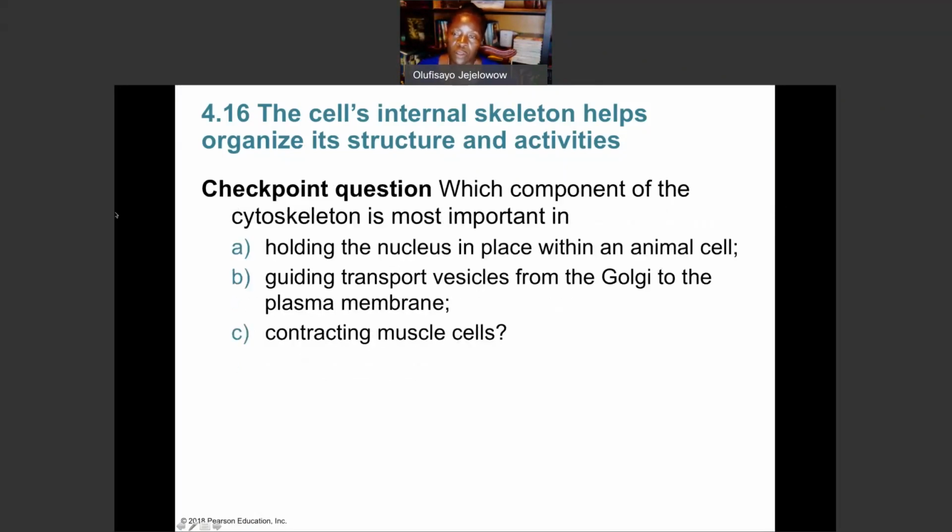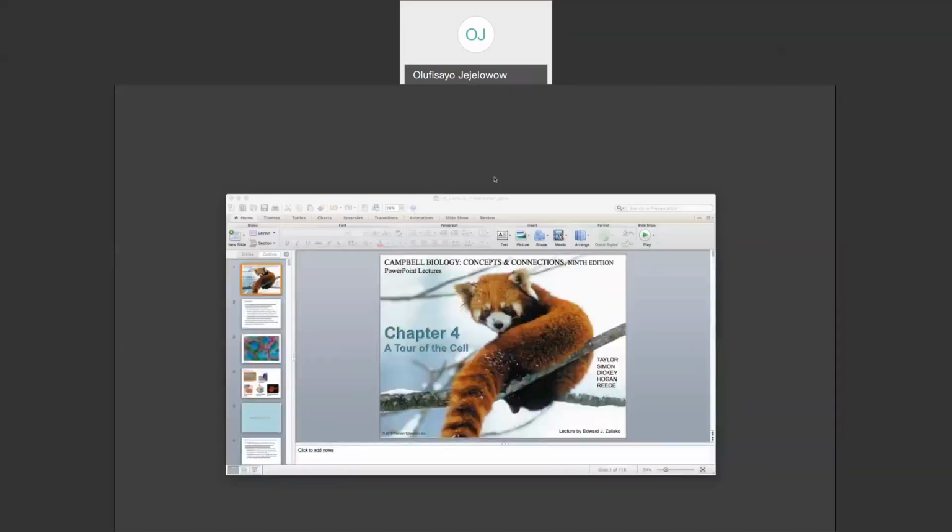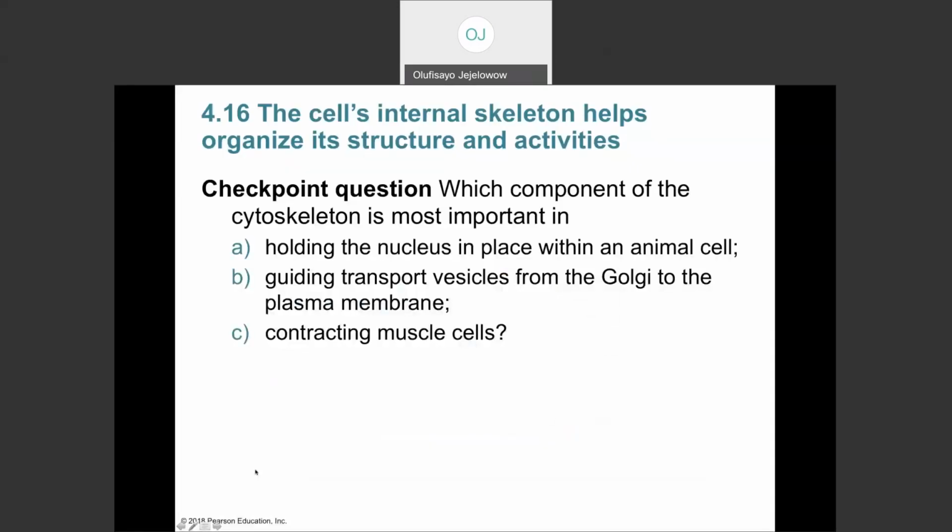Checkpoint question: which component? The cell's internal skeleton helps to organize its structure and activities.